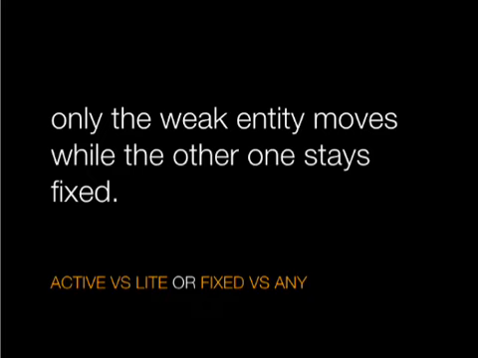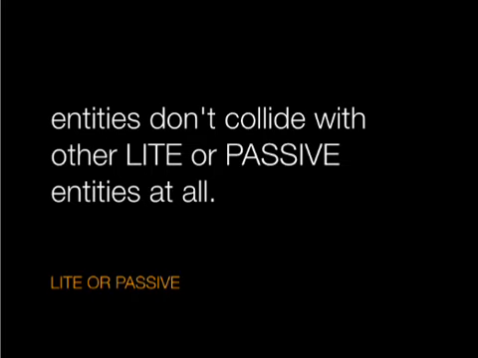You can set up these types of relationships. If you want things that are passive, like entities that might walk through each other but still need some notion of mass, you would set them to passive or light. Anything that's passive or light, light is the weaker, and passive will push it around.